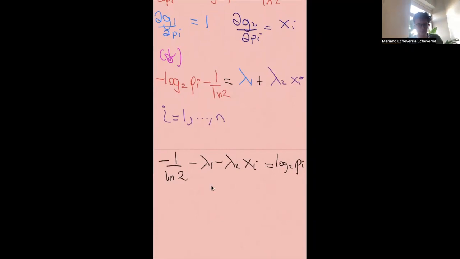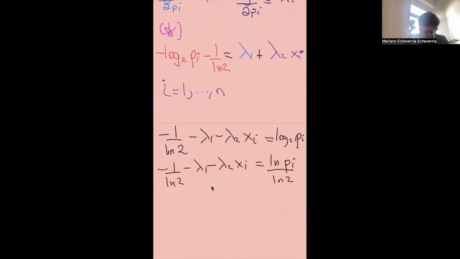It is the natural log of x over the natural log of 2. It's just that the exponential number is so much nicer. So you get minus 1 minus ln 2 times lambda 1 minus ln 2 times lambda 2 x_i is ln of p_i.